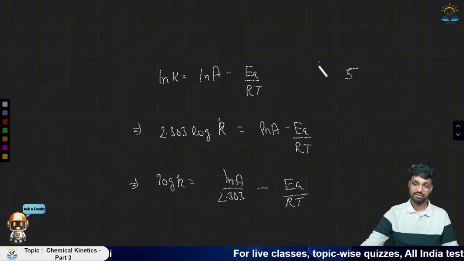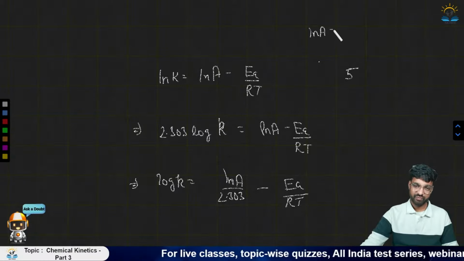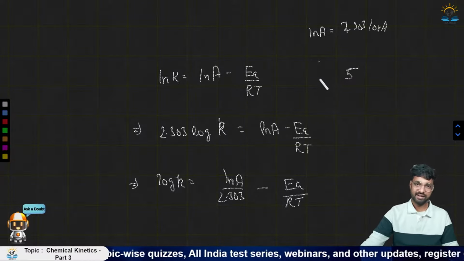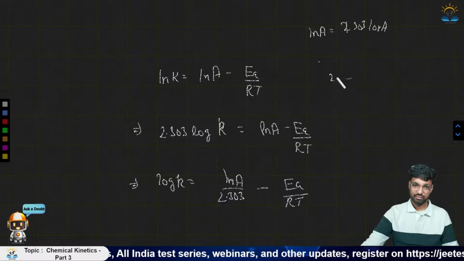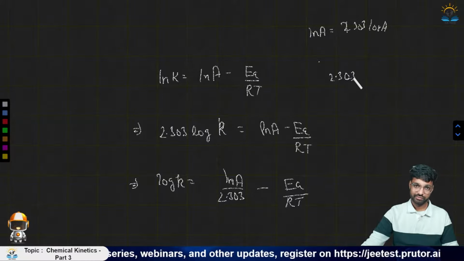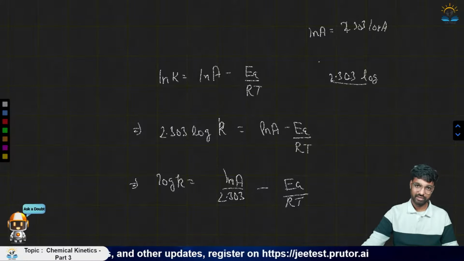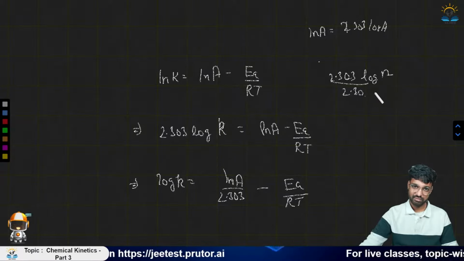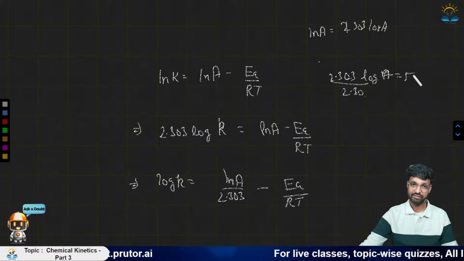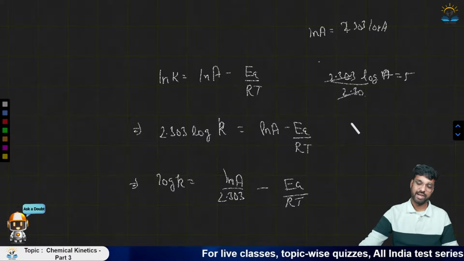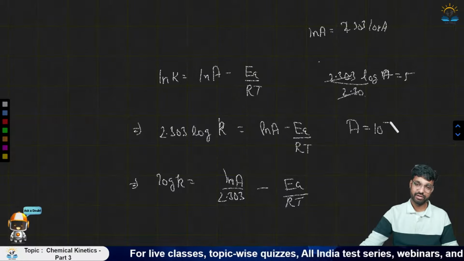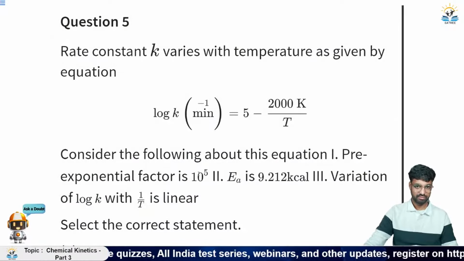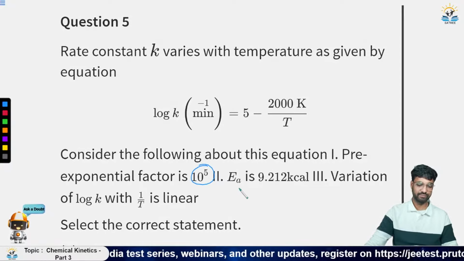Now we know that ln A can be written as 2.303 log A. So we can write it as 2.303 log A by 2.303. Now what is the value that is given of all of this? It is given as 5. Now this will get cancelled and we will get the value of A is 10 to the power 5. Okay, so this is correct. So statement 1 is correct.